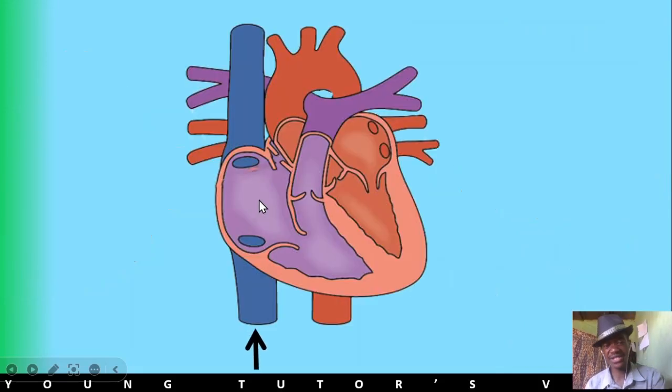Blood is reaching the right atrium through the inferior vena cava here, and what we can observe is that blood in the right atrium is not just coming from the inferior vena cava, but it also enters through the superior vena cava from the head and neck.